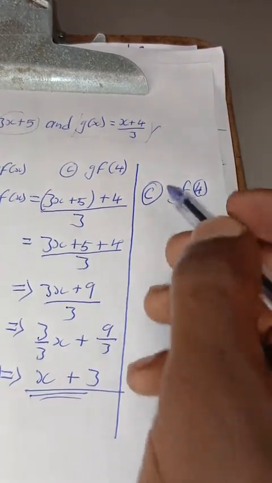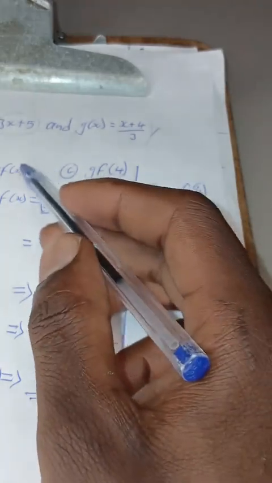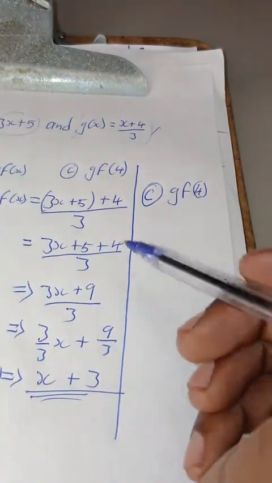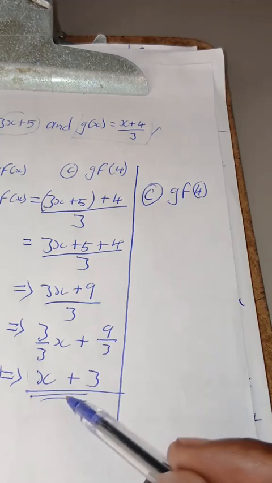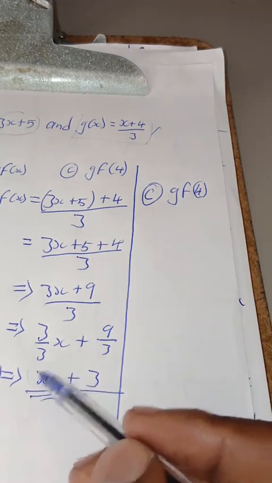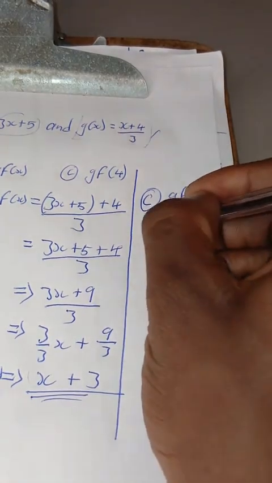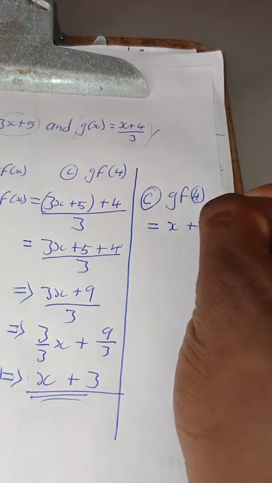Now remember, this part is exactly the same as this one, except in the brackets, where here we have x, here we have 4. So on your final answer, just check where you have x and put what? Put 4. You have x here, and there you have 3.